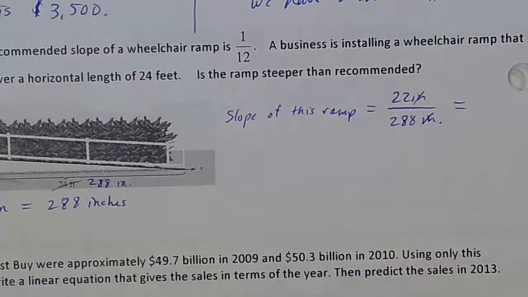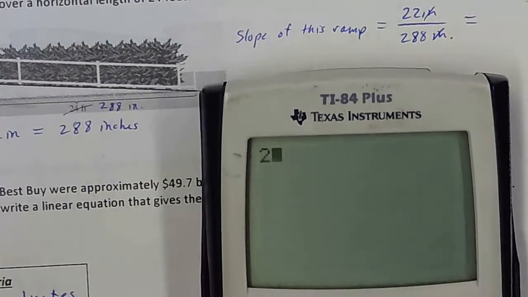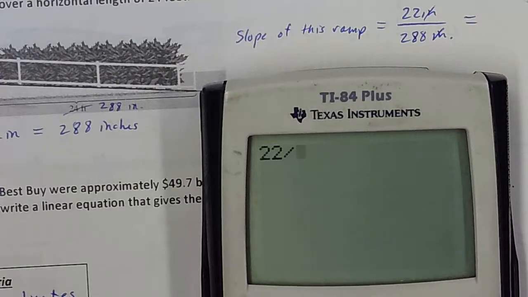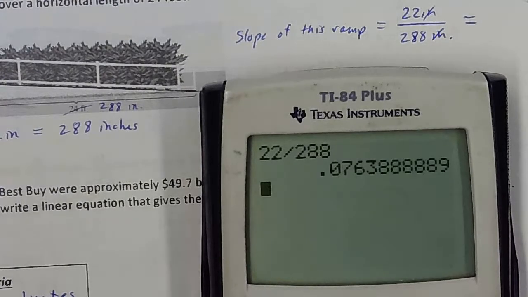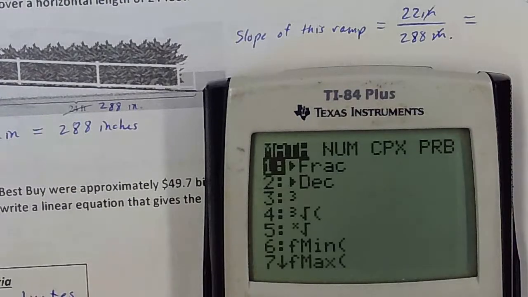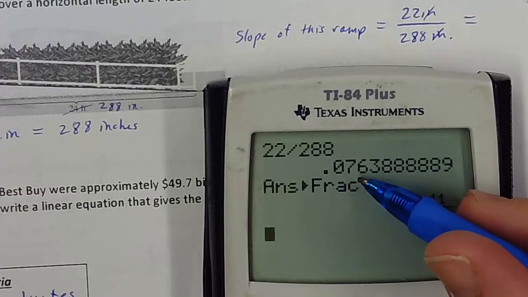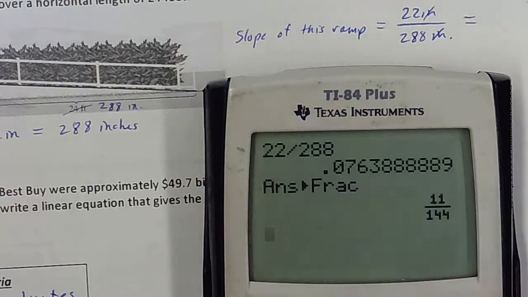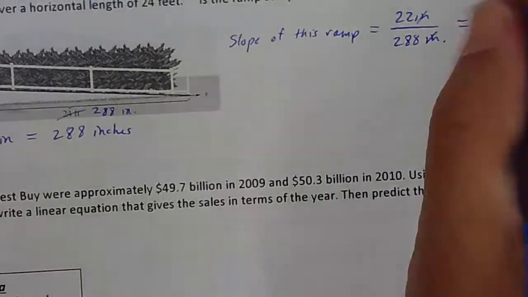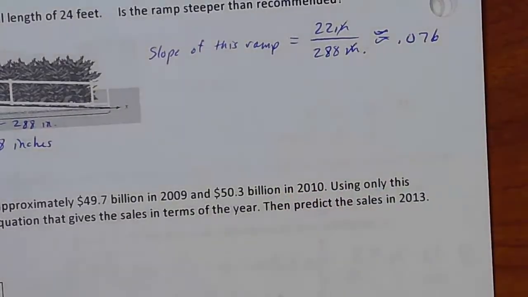So let's just punch that in. I got my calculator right here. I'm going to punch this in to get that number. 22 divided by 288. We probably want to compare decimals. I could change it back to a reduced fraction, maybe 11/144, but I'm just going to estimate this decimal to about 3 spots, 0.076. So this is approximately 0.076.